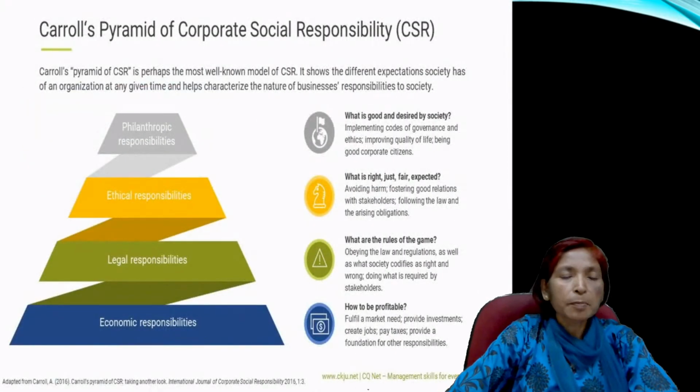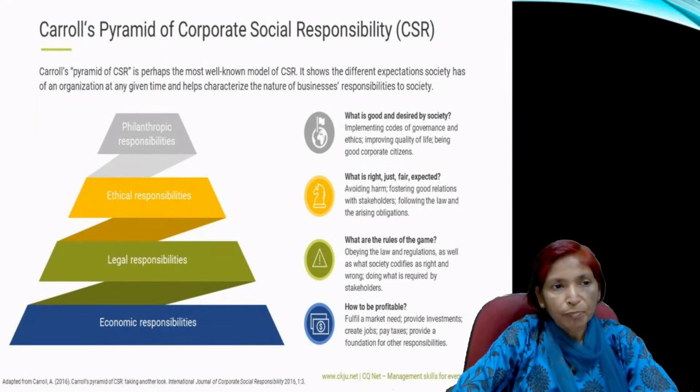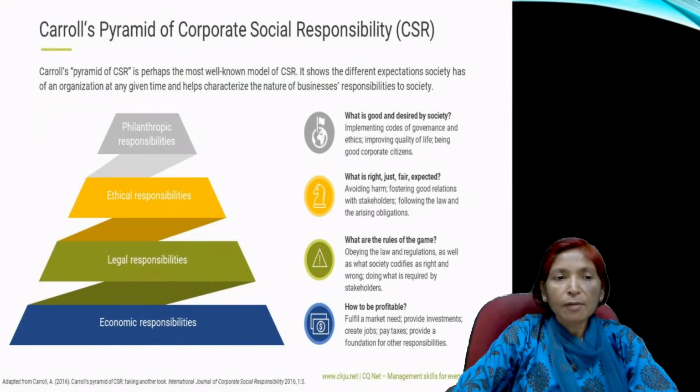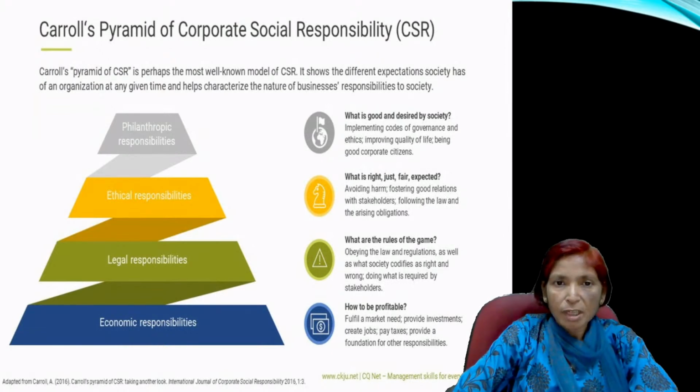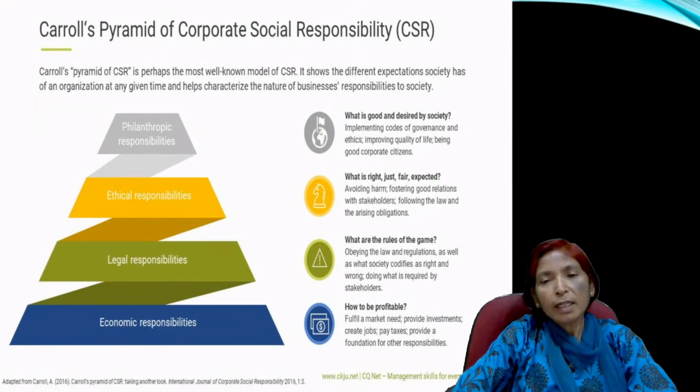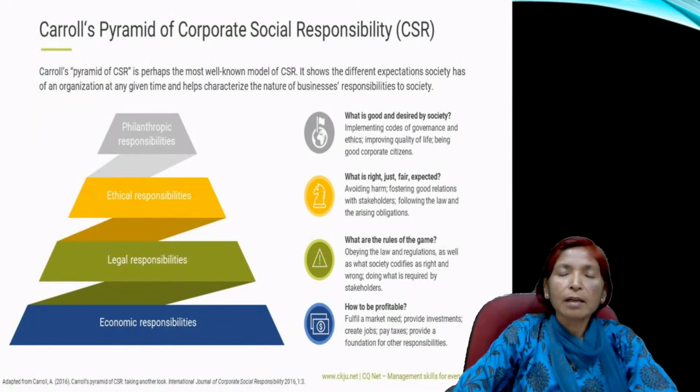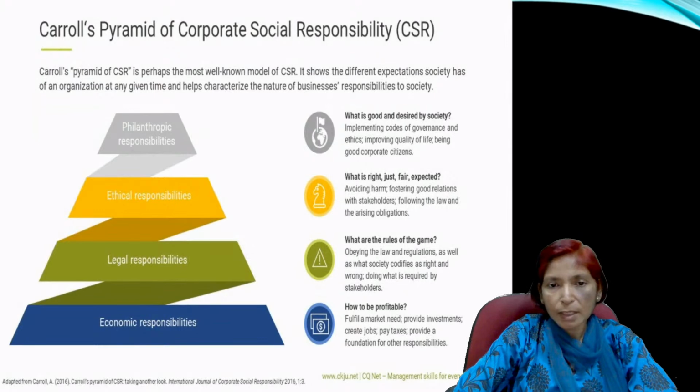Next is Carroll's pyramid of corporate social responsibility. Carroll's pyramid of CSR is perhaps the most well-known model of corporate social responsibility. It shows the different expectations society has of an organization at any given time and helps characterize the nature of business's responsibility to society.